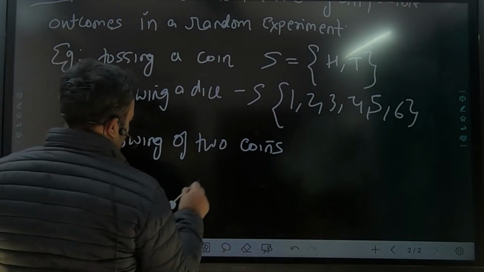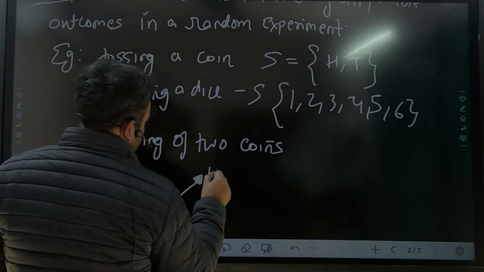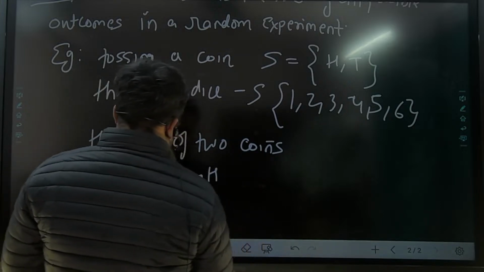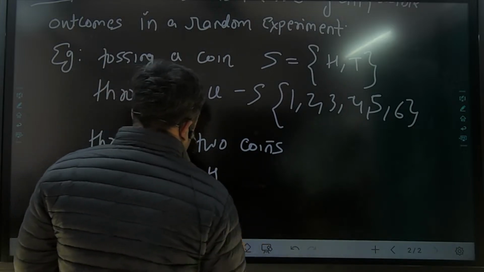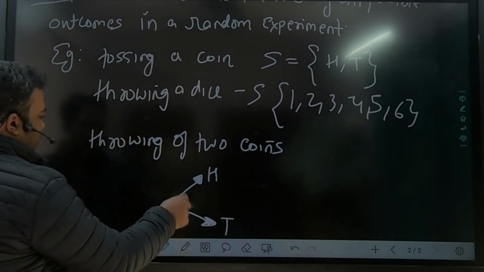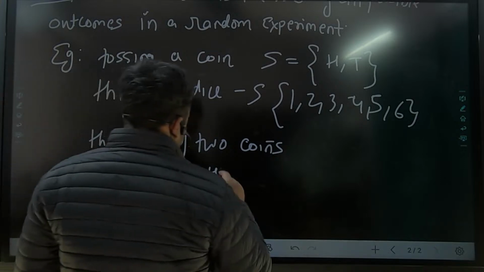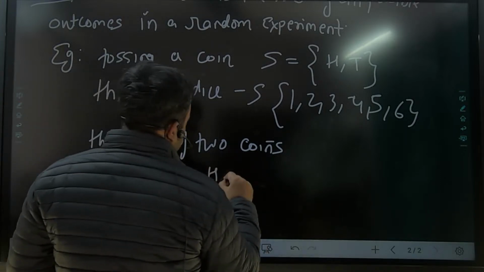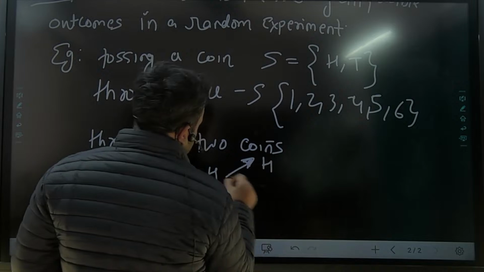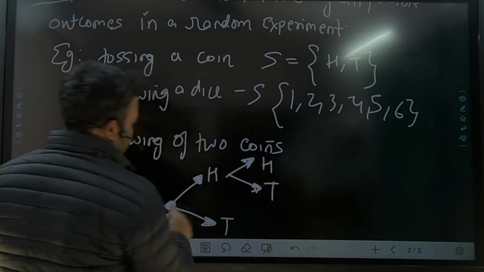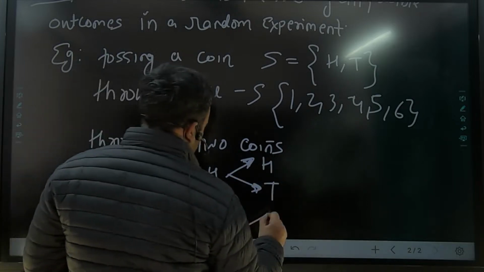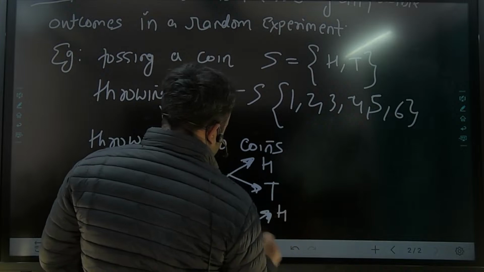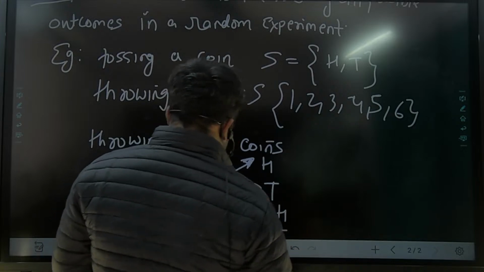When I throw it, I can get head or tail. And when you get head in the first coin, the second can also show head or tail. When you get tail in the first coin, the second coin can also show head or tail. So you have these possibilities.